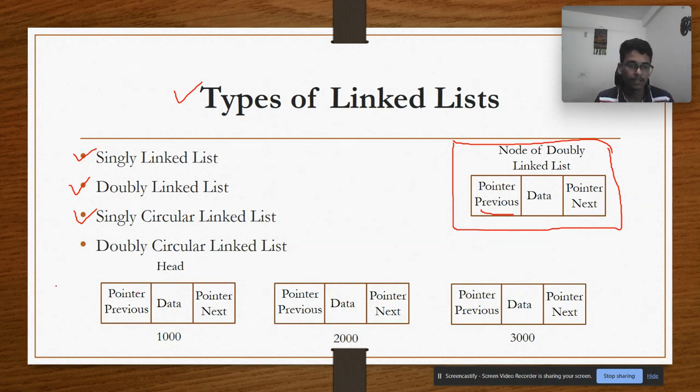As can be seen through this example shown here, the next pointer of the head element points to the next element, and the previous pointer of that element points back towards the head, and so on. And the last element's next pointer points towards a null, while the previous pointer of the head points towards a null as well.